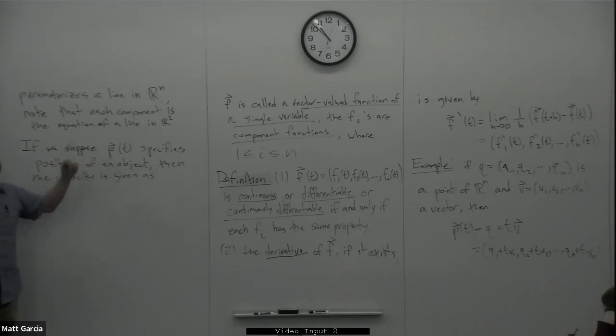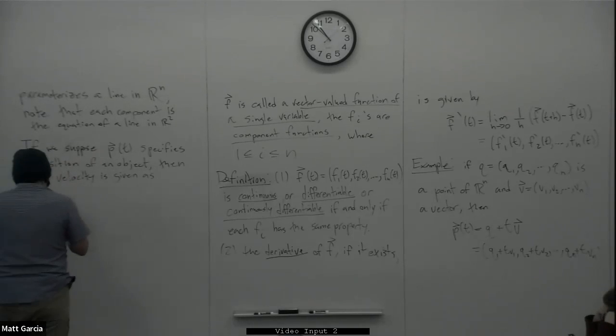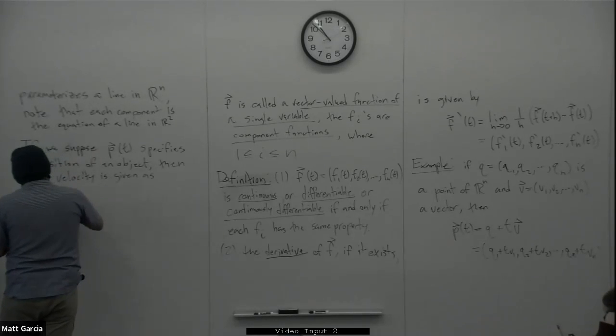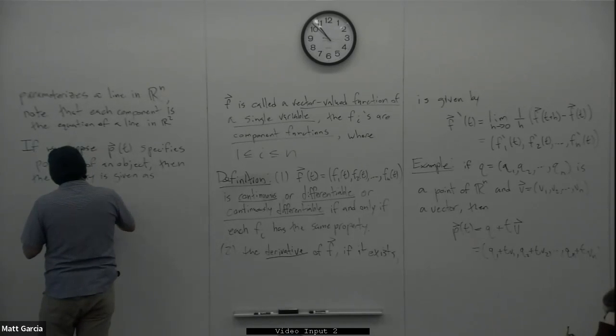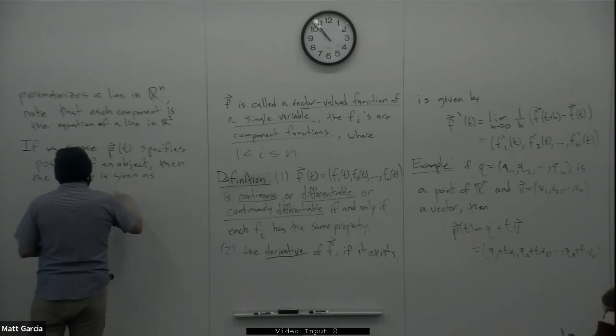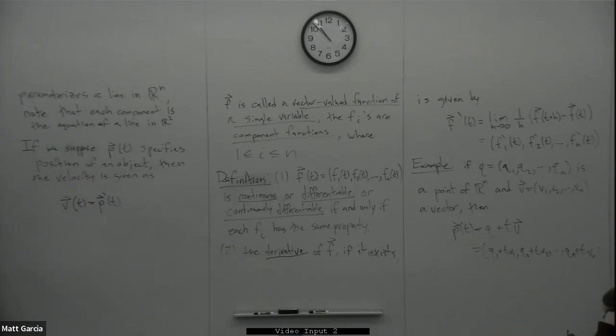Yeah, it'll just be the derivative of p hat. So v hat of t is equal to p hat prime of t. Sorry, this is one annoying thing about working with vectors. The notation gets really jammed up here. You get hats and primes. Perhaps even we'll get superscripts and things like that as well. Try to be as clear as possible, but when it's not, please ask.